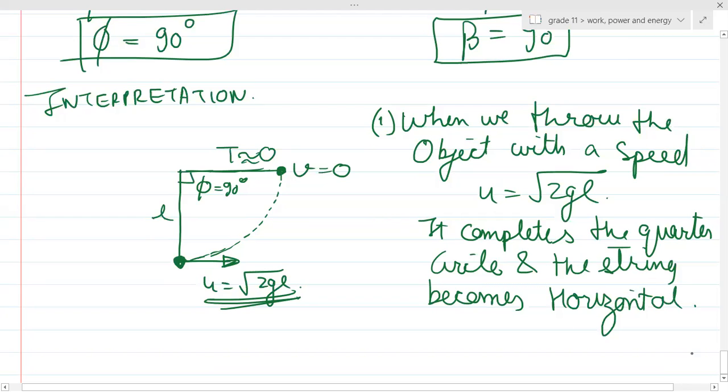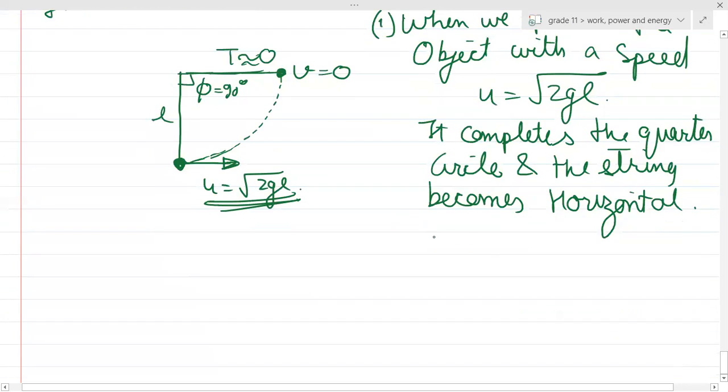The string will become horizontal, yes or no? At this instant, the velocity will be 0 as well as the tension will also be 0.